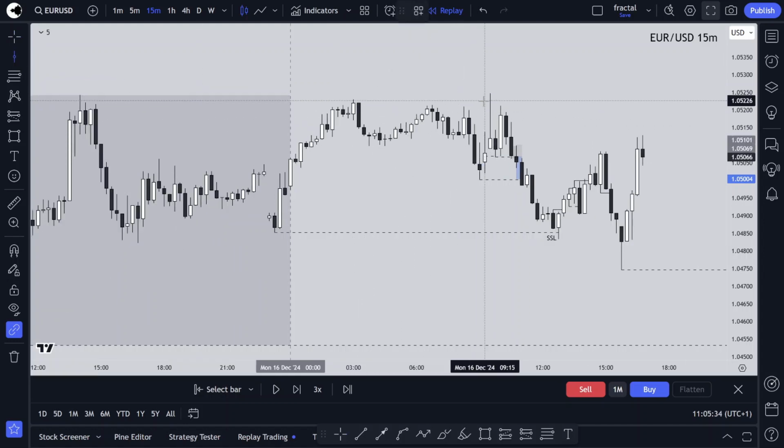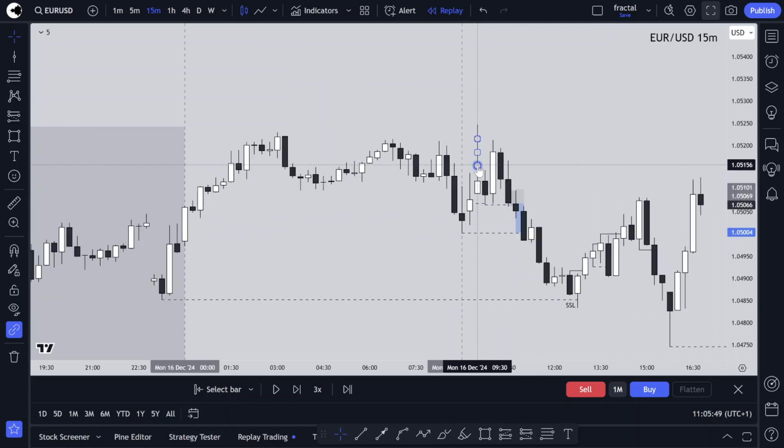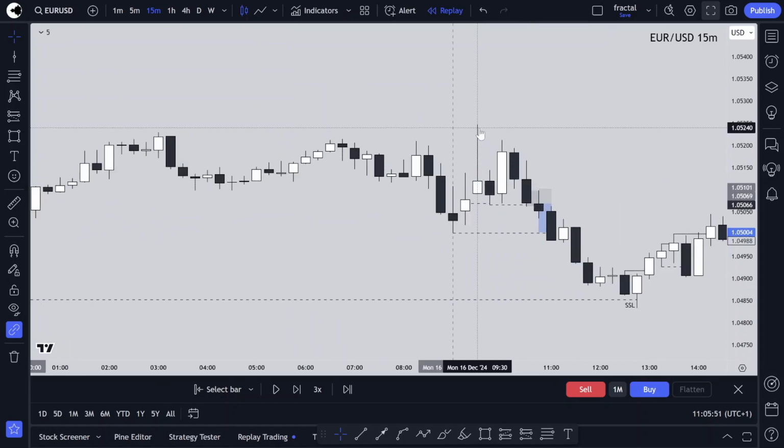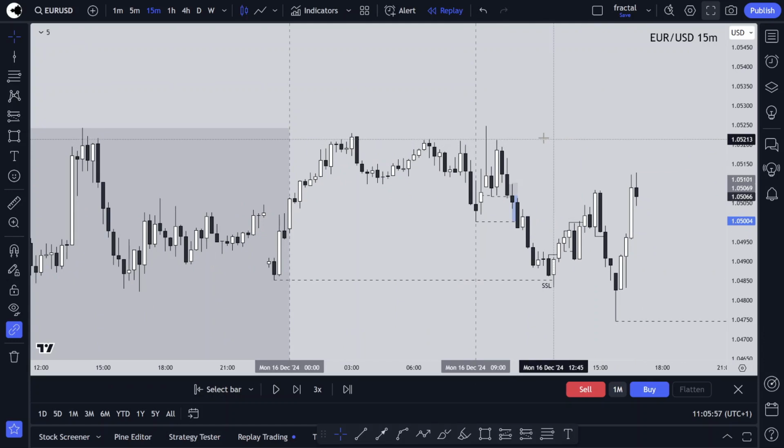Then at 9 a.m. London opening here, price pushed to the upside, and this movement was the one I was looking for, because with this movement, in particular with this candle 9:30, price took out very important liquidity from the high of the day.